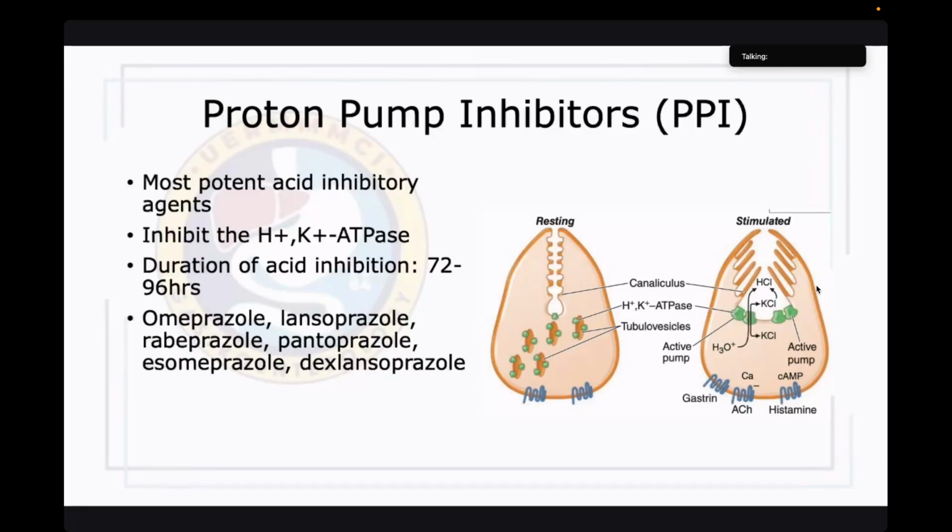So for rapid relief, it would be more appropriate to give an antacid rather than PPIs. And because the pumps need to be activated for these agents to be effective, their efficacy is maximized if they are administered before a meal.